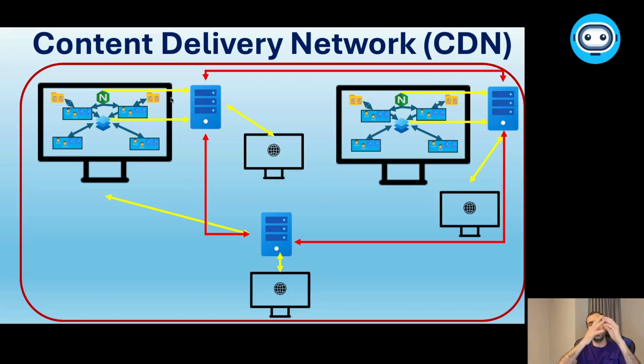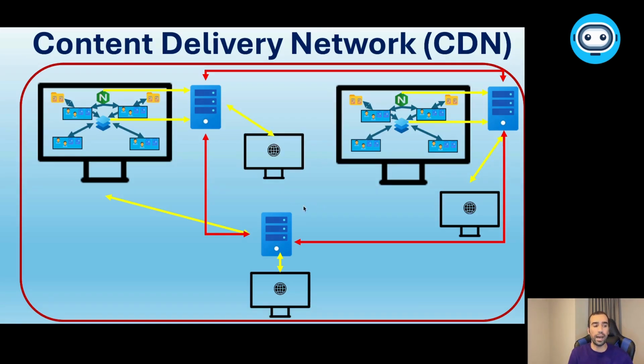I mean, they can share information together. So instead of, for example, a user in Japan sending the request to, for example, my web server in the United States, I will send the request to this CDN station close to Japan.